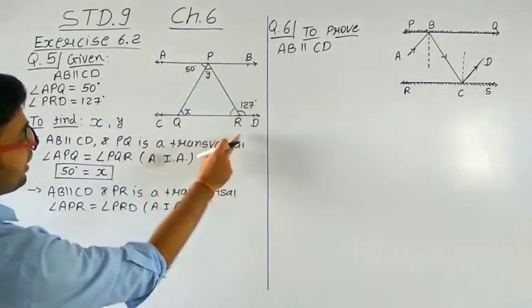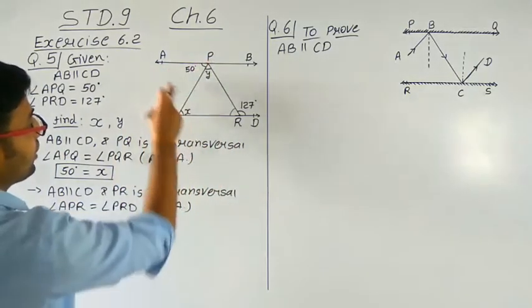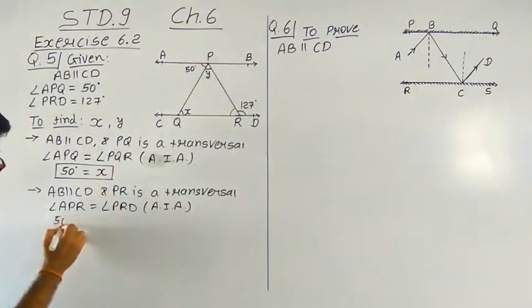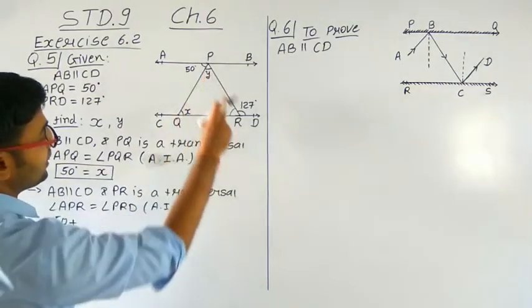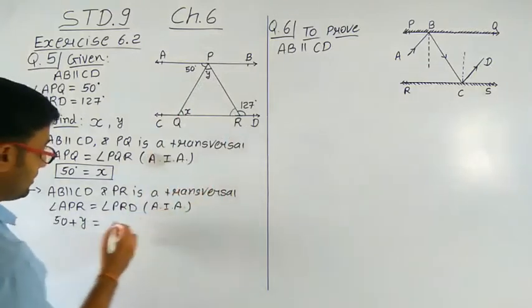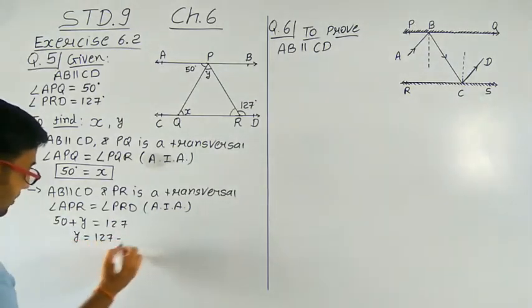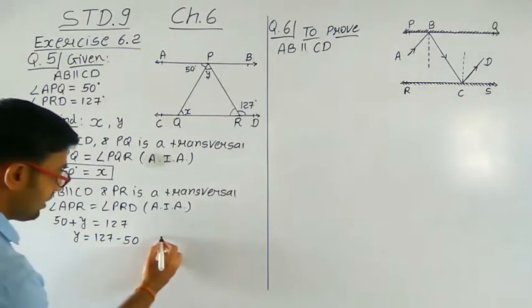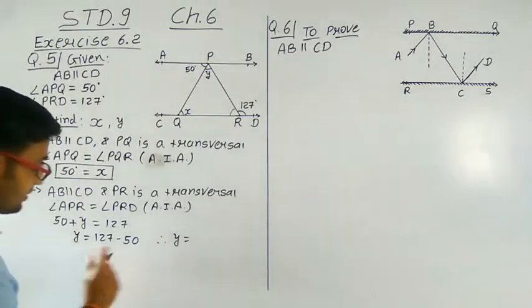Angle APR is the addition of the two adjacent angles. First is APQ, and APQ is 50, plus second angle QPR, and QPR is y. And this PRD is 127. Now when we take this 50 to the right hand side, we get y equals 127 minus 50, and therefore we get the value of y equals 77.